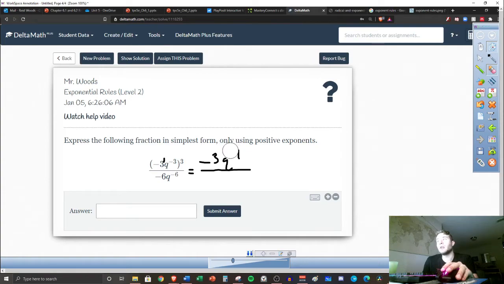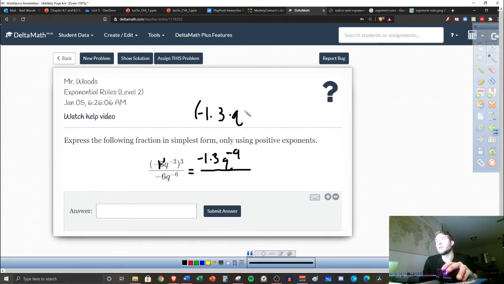Also, negatives can be tricky on this. This technically counts as a -1 times 3. So that's also something that can be kind of tricky. This is -1 times 3 times q, which is then raised to the 3rd. So that 3 has to go to all of that. Now, honestly, that won't really matter.